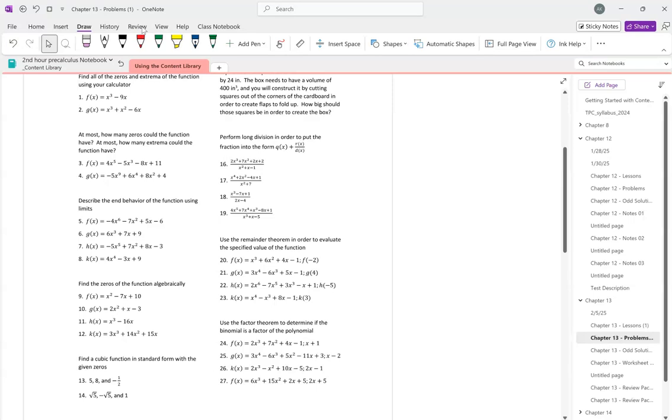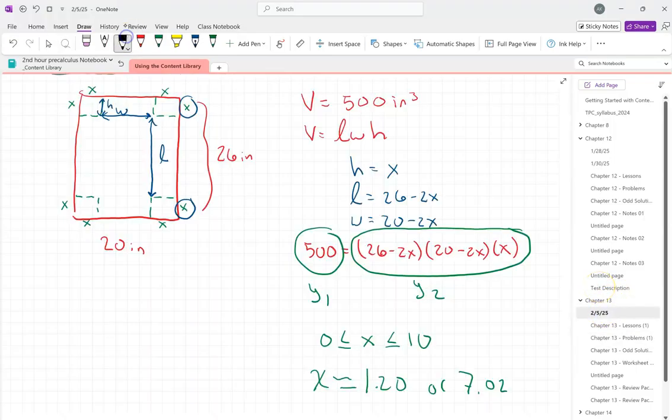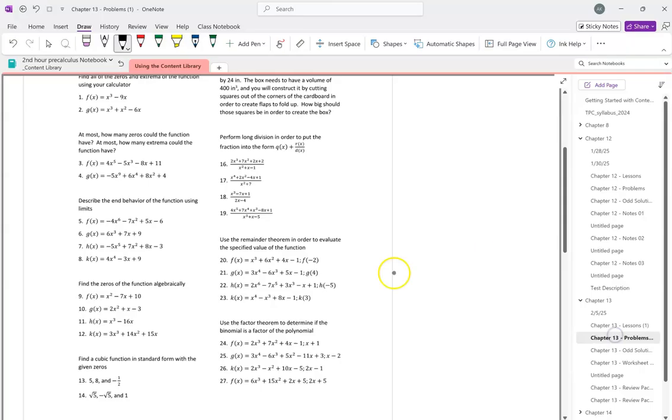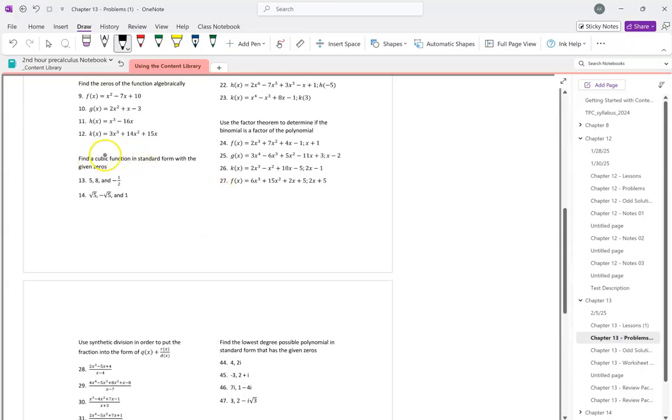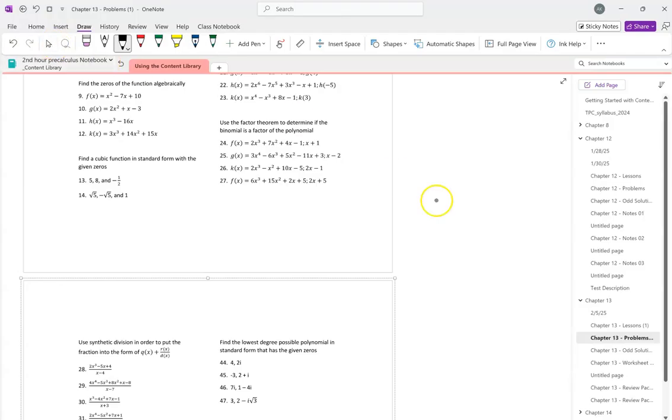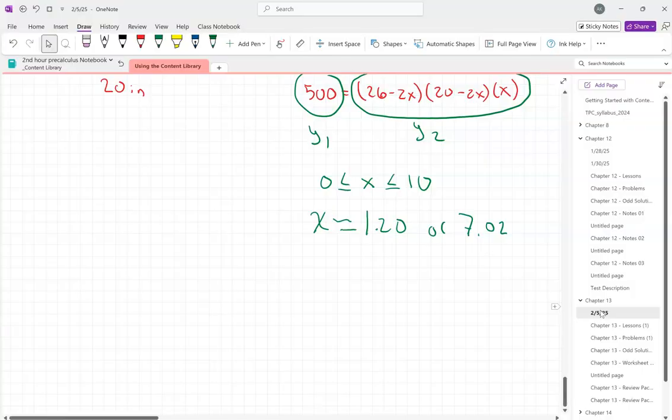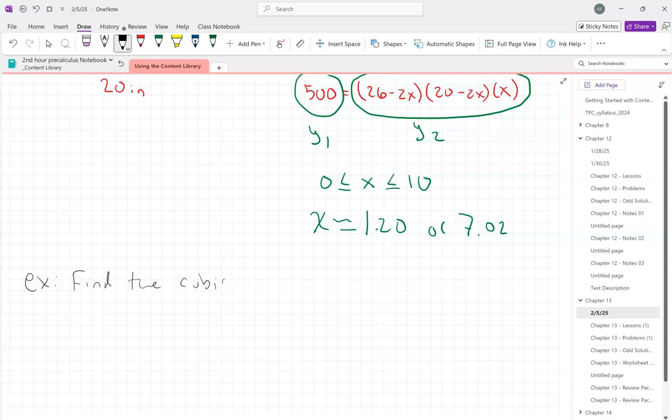Oh, I guess I didn't do this. One other thing. I forgot to do one other thing. Here, I'm actually just going to... 5, 8, -1/2.